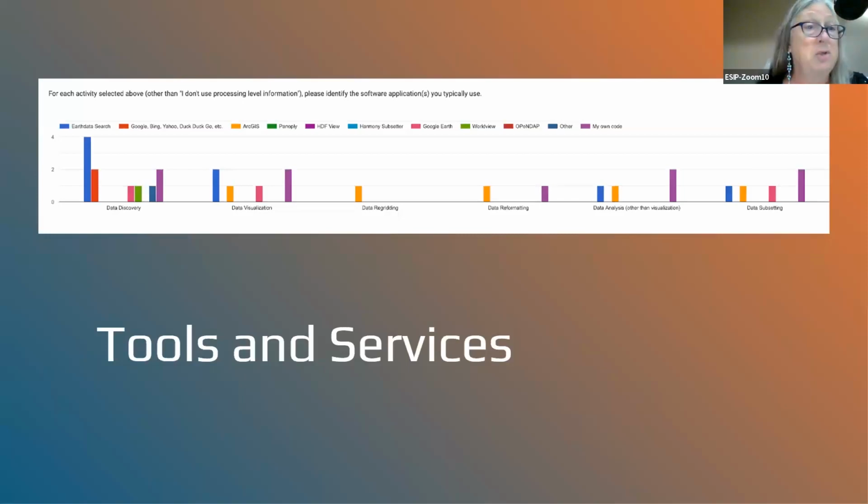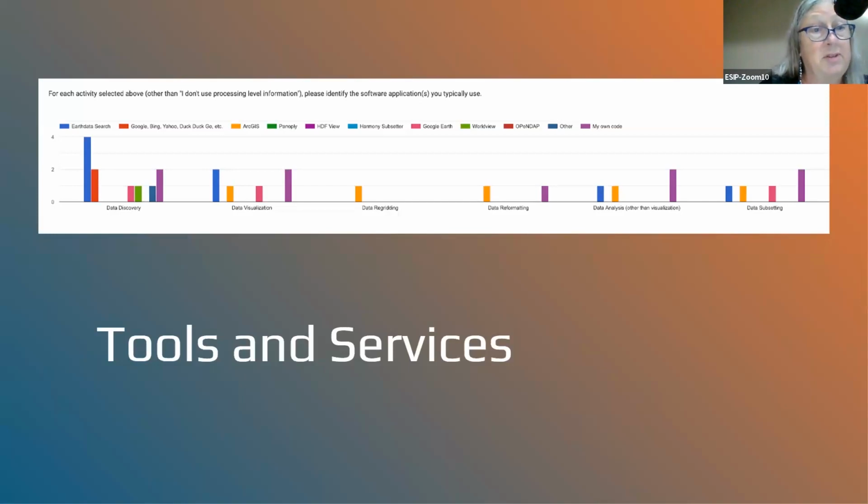We asked them what tools and services they were using processing level information with. So this was about processing level information, the metadata that specifies what the processing level is. And I can't even say that that was clear. I'm not sure. But these are the tools that they claim they're using this information with, right?